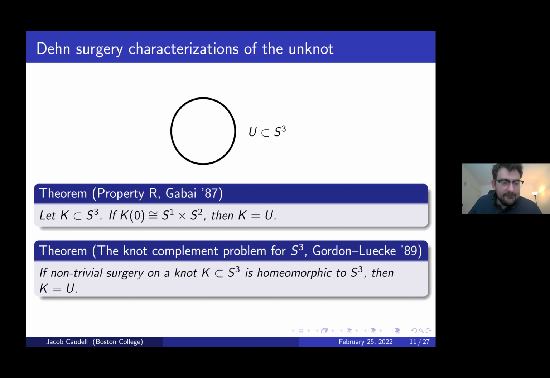So the canonical example to have in mind for the remainder of this talk is the surgery diagram I showed earlier, surgery along a linear chain of unknots. Instead of thinking about scooping out the knots and gluing in new solid tori, you can think about gluing four-dimensional two-handles along these knots with the specified framings. That gives you a four-manifold whose intersection form is given by the linking matrix of this link.